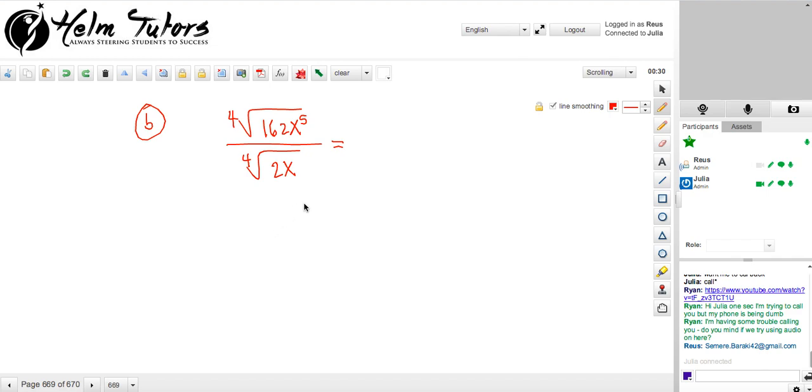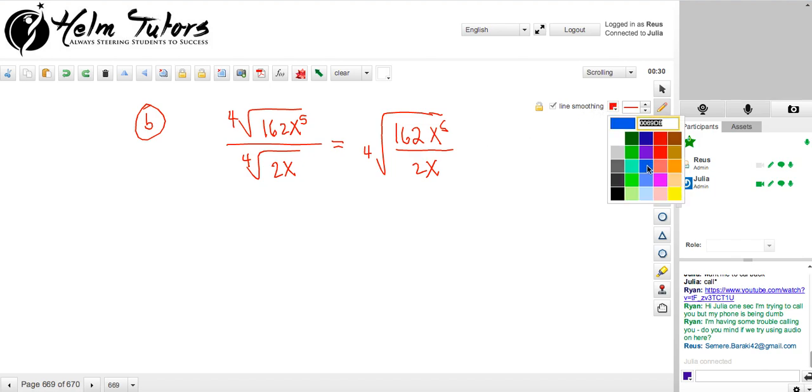And so one thing you could do again is just put them under the same fourth root, and so it would be, I'll just tell you, sorry, 162 x to the fifth over 2x. And then here you can simplify. How exactly?